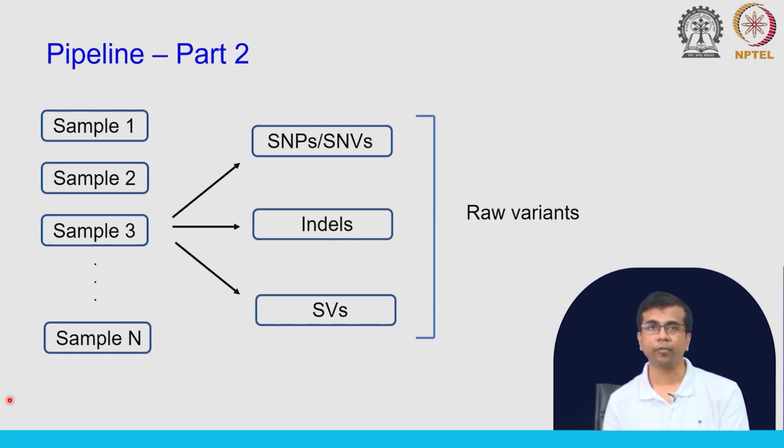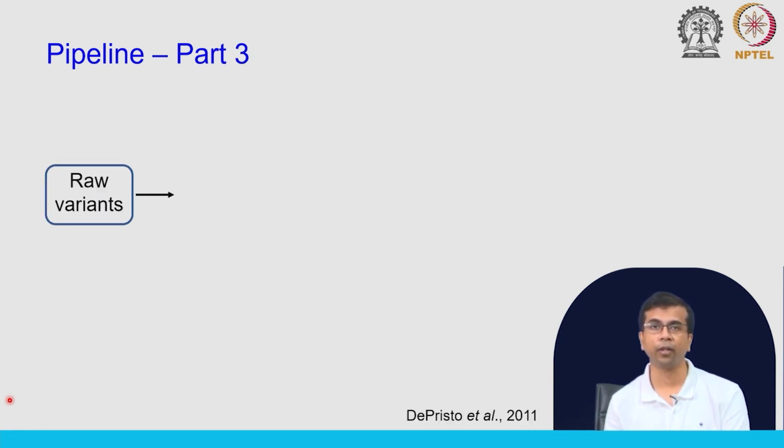Now, for certain data sets we can go further and check whether the variants that we are seeing are expected, or whether they have been found earlier in other data sets. If some of the variants have been found earlier, they are likely to be true variants. This is what we can do in the next step. Again, I am linking the reference which discusses this in much more detail.